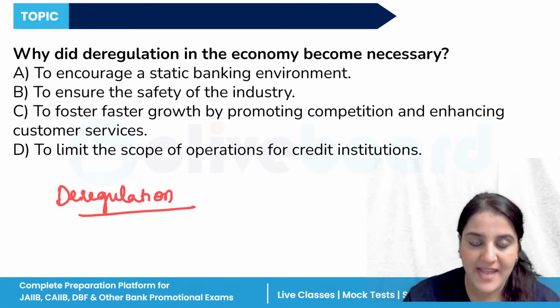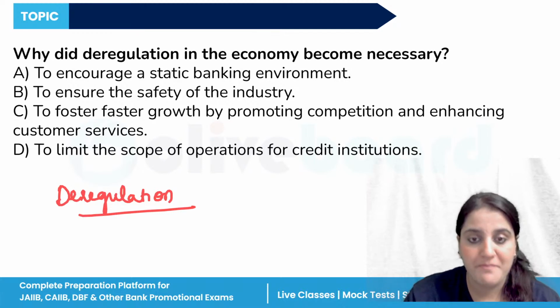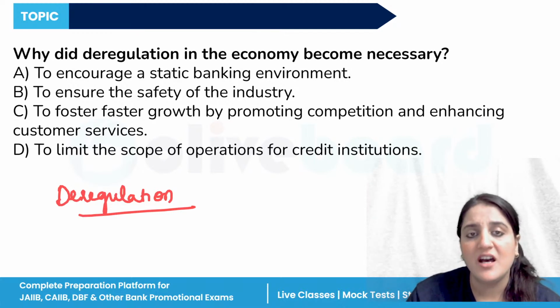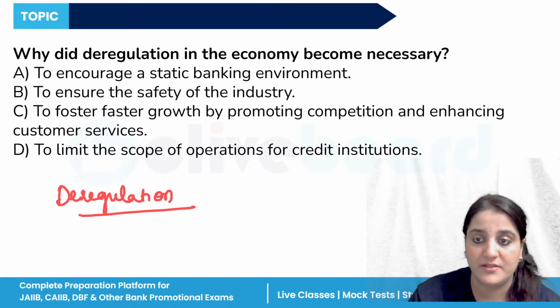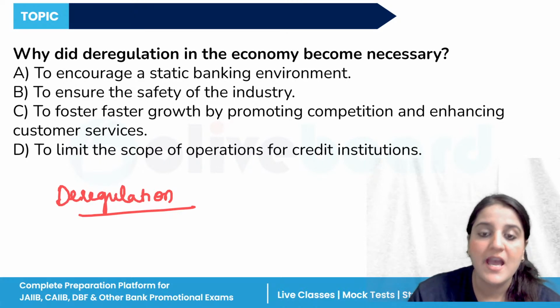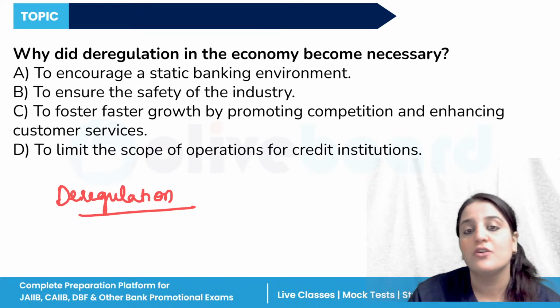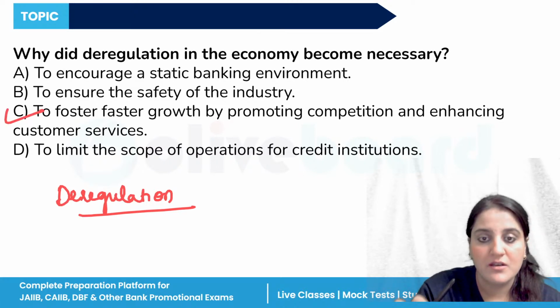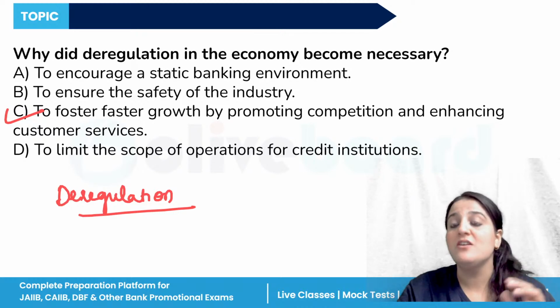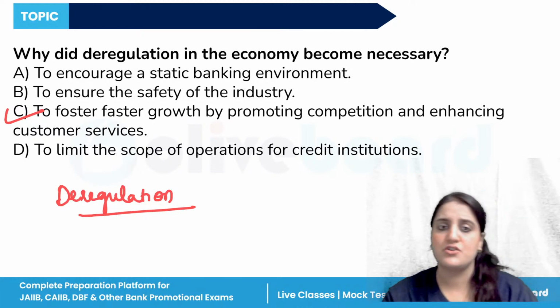The idea was that by reducing the regulatory barriers, banks and other financial entities would be able to offer better services, innovate more quickly and contribute to the overall economic growth. So the correct answer is to foster faster growth by promoting competition and enhancing customer services.